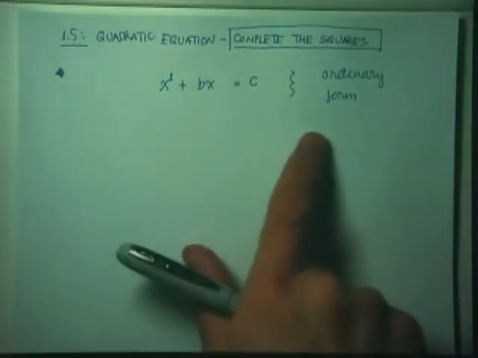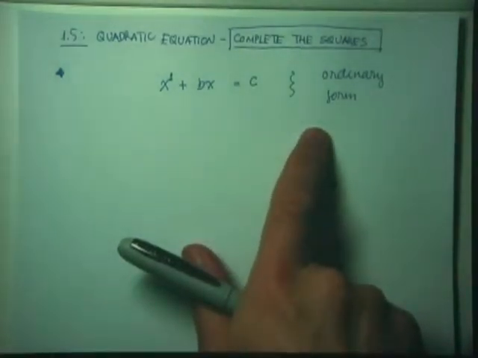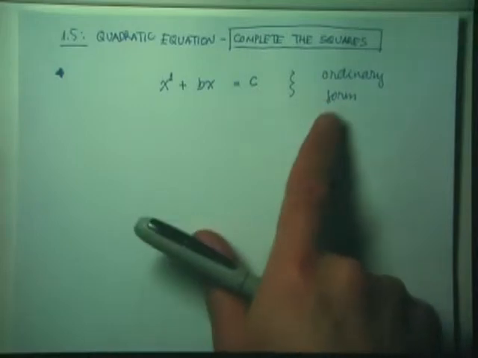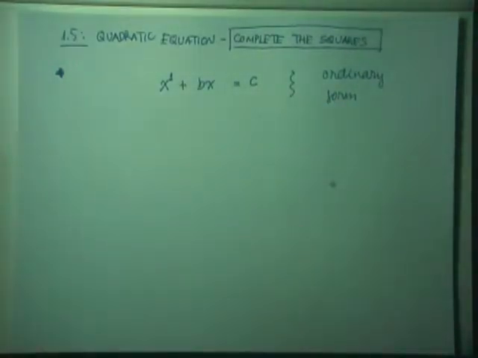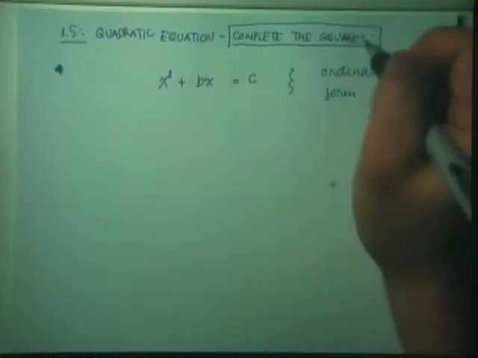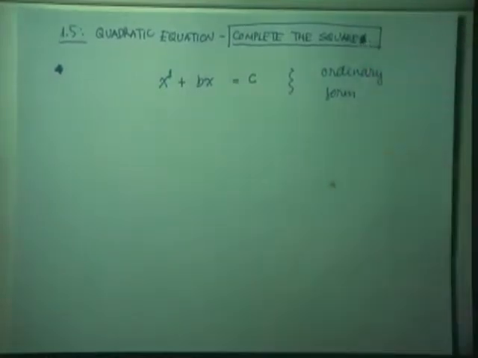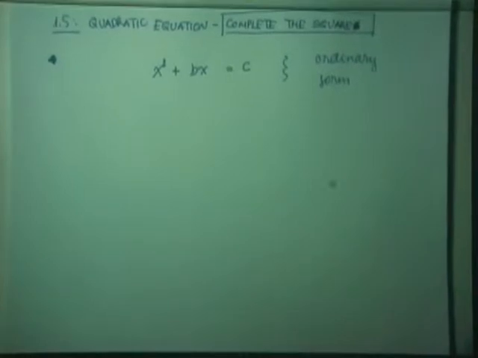I call that the ordinary form. You need to bring your equation into the ordinary form before you have access to the completing the square method. Okay? And by the way, there shouldn't be that asterisk there for the square. So just the completing the square method.